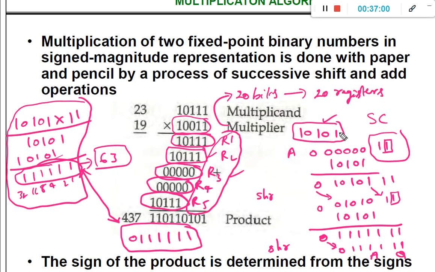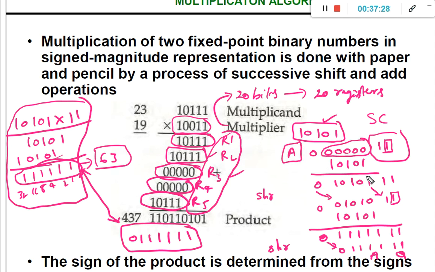So that's why instead of using that many registers, we have altered the process, and we are going to store the updated partial product in the same register. So what is that temporary register? Register A. Initially register A contains all zeros.